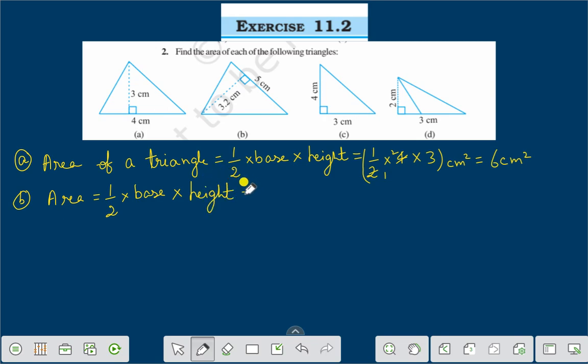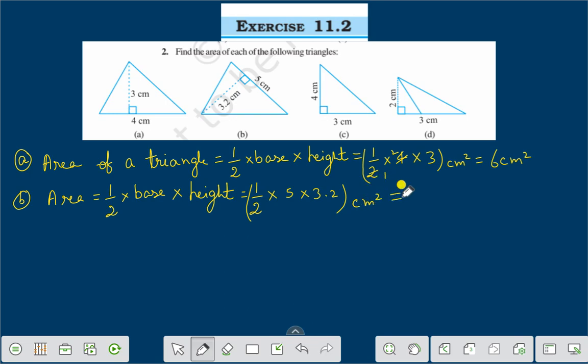Therefore, it is equal to 1 by 2 into base into height. This is the base and this is the height. The base is 5 centimeter and height is 3.2, and the unit is centimeter square.